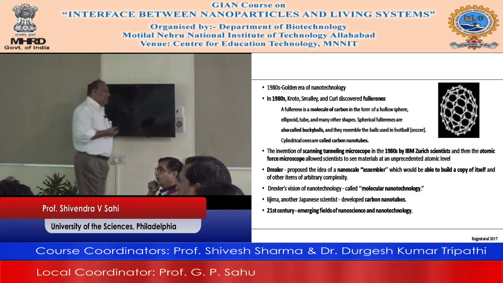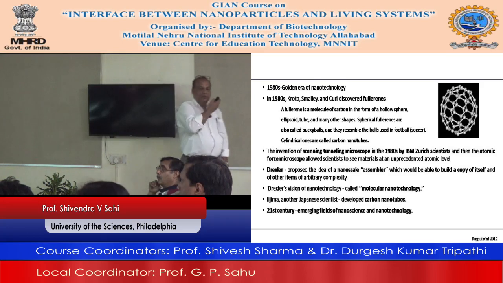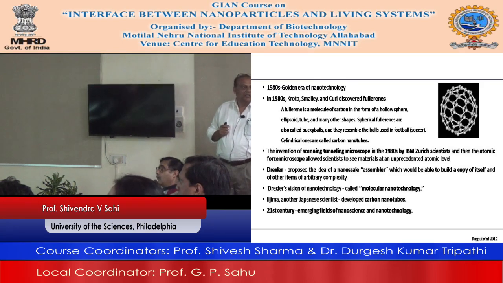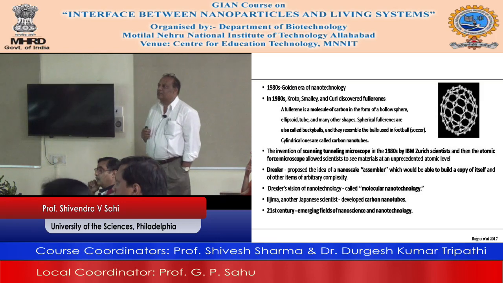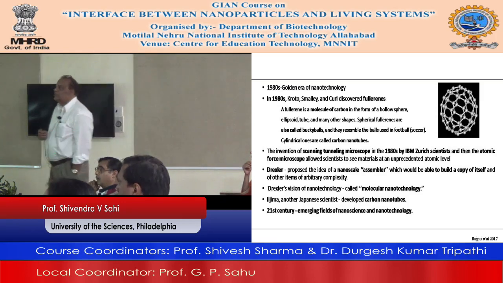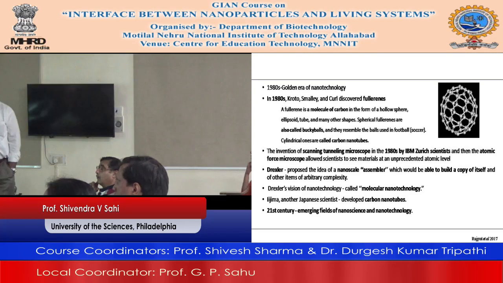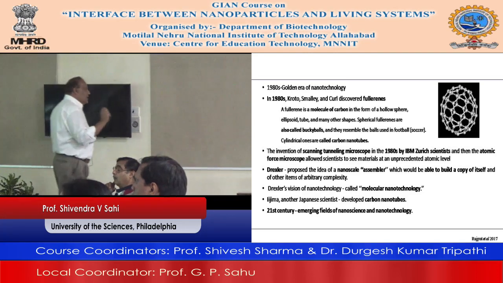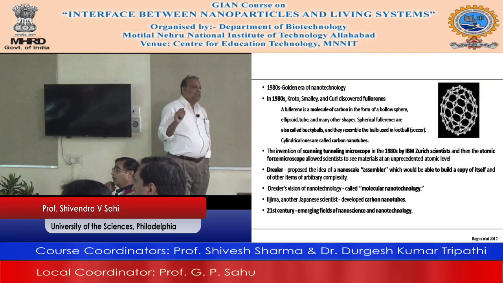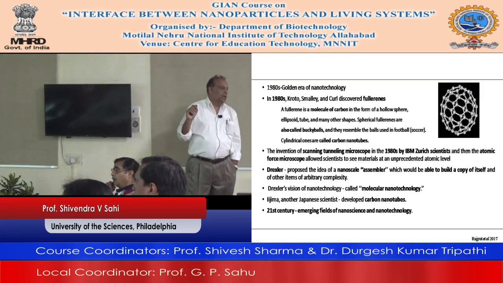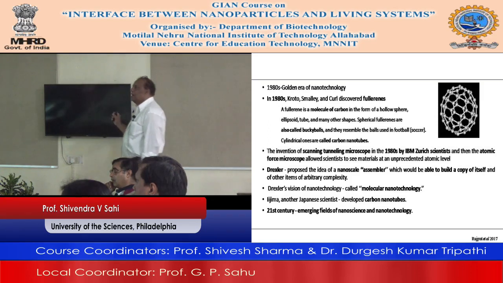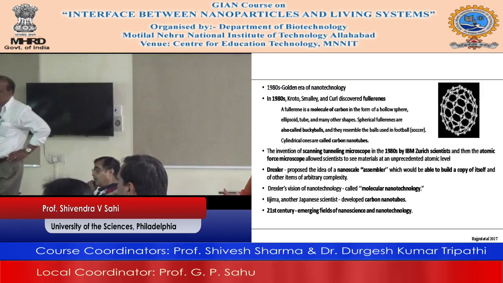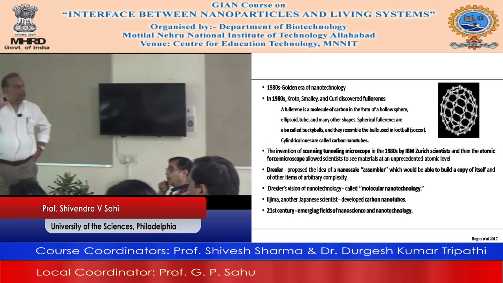This is the timeline, basically, that table you saw earlier, which was hard to read. But if you look here, it started a long time back, in 1931. Max Knoll and Ruska created the first electron microscope, because that gave the reason to develop an instrument which can see atomic size particles.